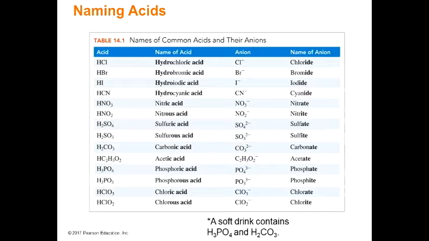And so here we show the names of common acids and their ions. I do expect you to know hydrochloric acid. I do expect you to know nitric acid. I do expect you to know sulfuric acid. Got it? These are very common and are used a lot.